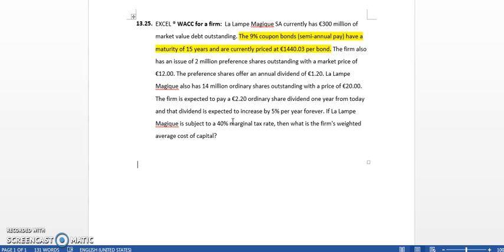So I've highlighted the relevant portion here. It says there's a 9% coupon bond paid semi-annually, with a maturity of 15 years, currently priced at 1440.03 per bond.